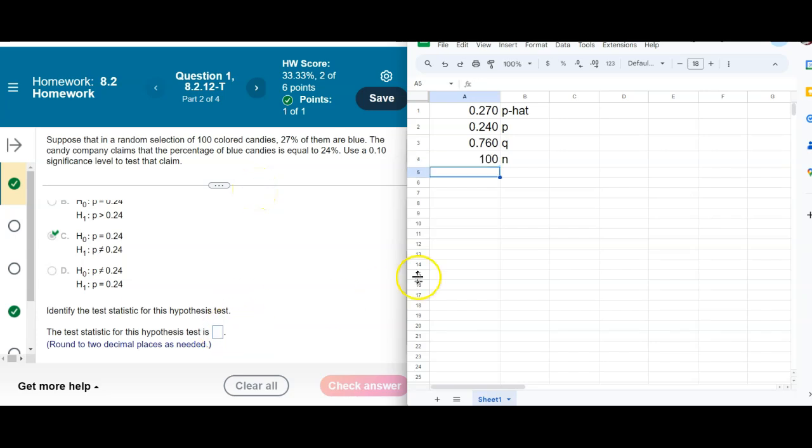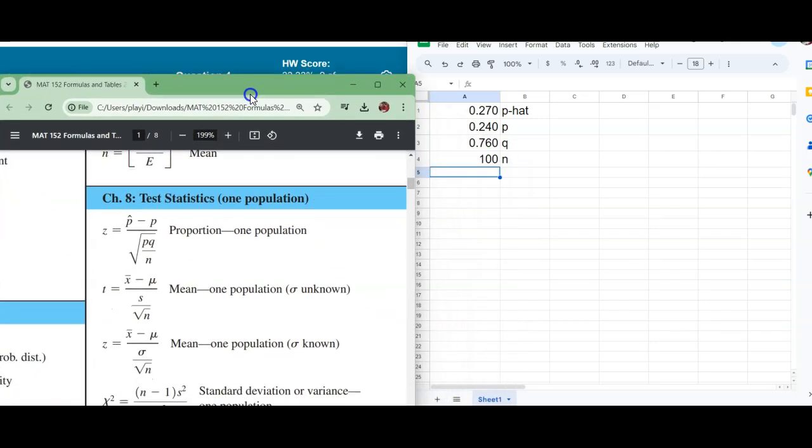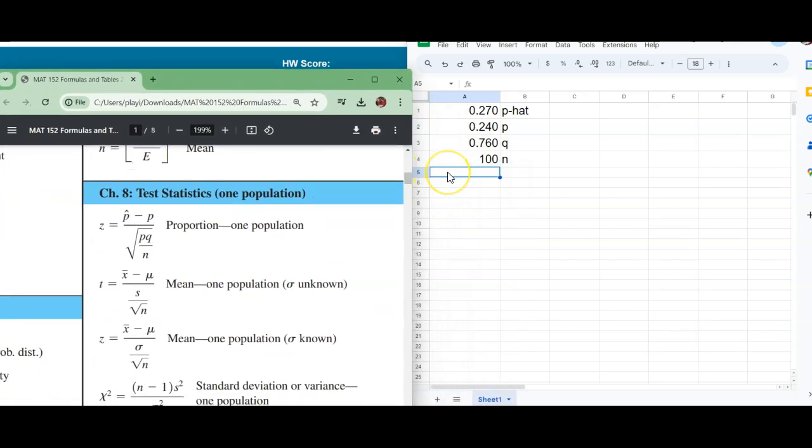We want to find the test statistic, so we're going to plug in that formula. I'm going to drag it over here so it stays on the screen as I'm typing this in. So equals, I'm just following from the right of the Z, the equals. I need parentheses around this because it's subtraction before division, and the only way that happens is with parentheses.